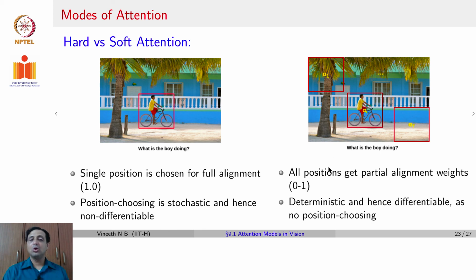On the other hand, one could have soft attention where you do not choose a single part of the image, but you simply assign weights to every part of the image. In this case, you are only going to have a newer image where each part of the image has a certain weight. In this case, your output turns out to be deterministic, differentiable, and hence you can use such an approach along with standard backpropagation.